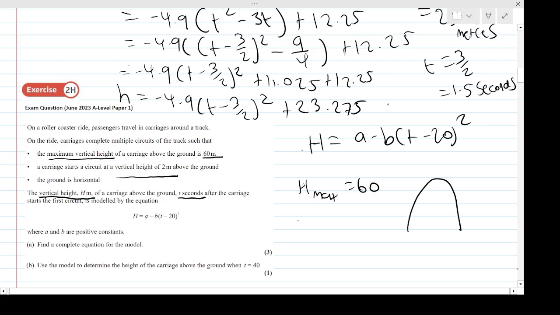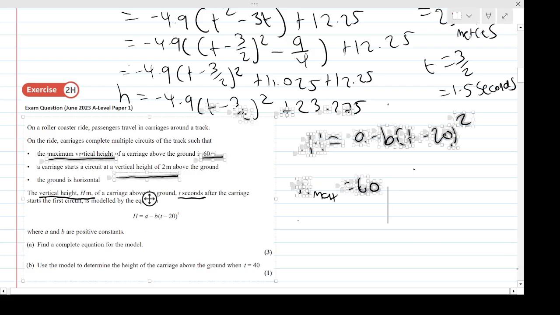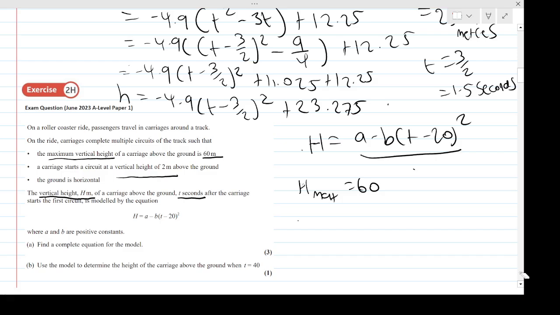Again, it's going to resemble this sort of shape, and there's a turning point there, but we don't know exactly what time that occurs. But this is where this is going to help us. This is the completed square form. The highest value has to happen when the bracket equals 0.